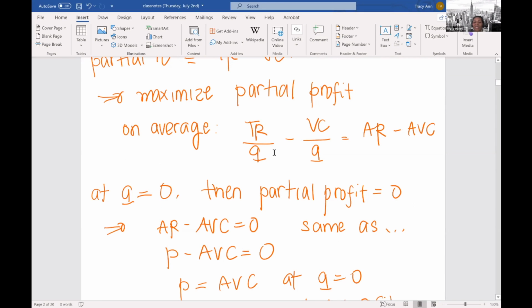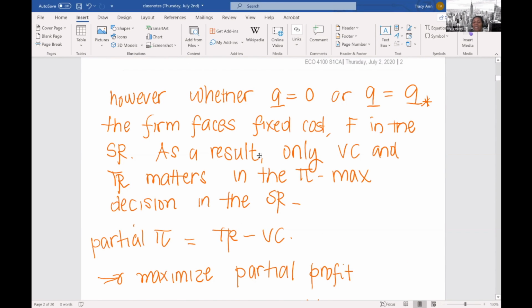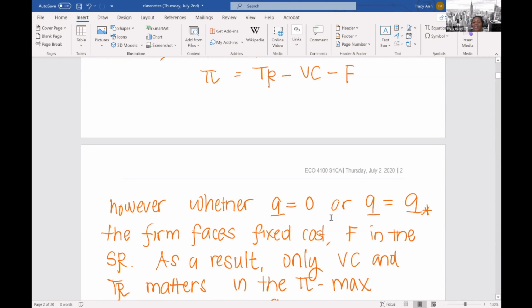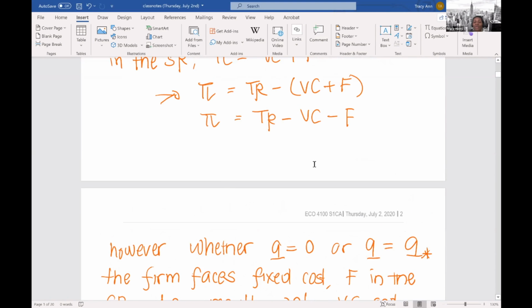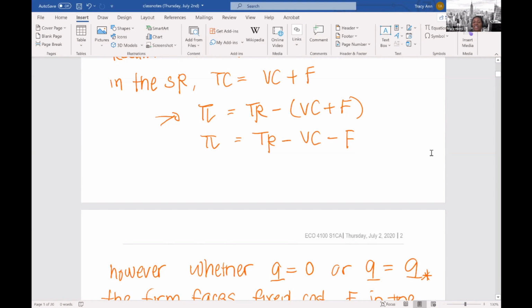So here we're talking about producing a quantity Q equals 0 or Q equals Q star. We know that the full profit function is equal to total revenue minus variable cost minus fixed cost. So if I can't change fixed costs, what do I really care about? I really care about the relationship between total revenue and total variable cost.